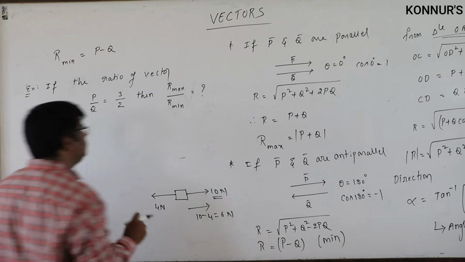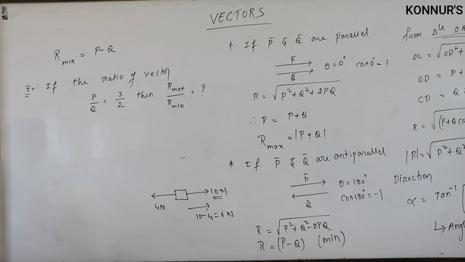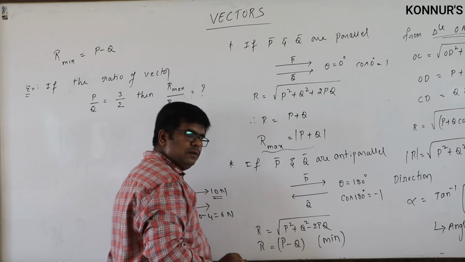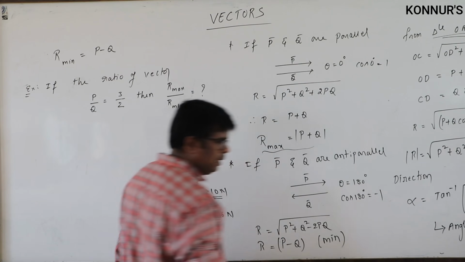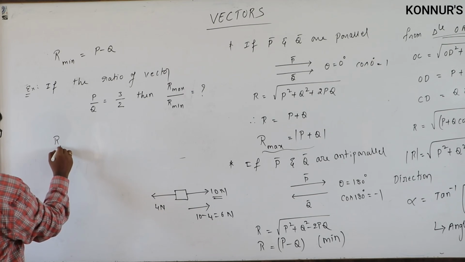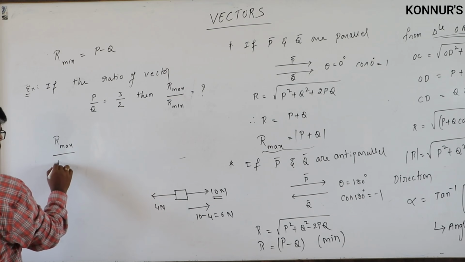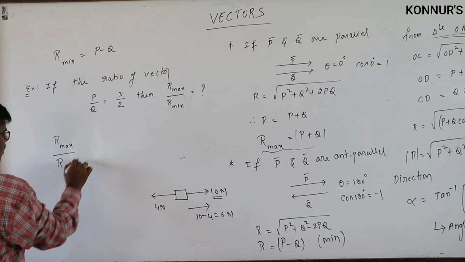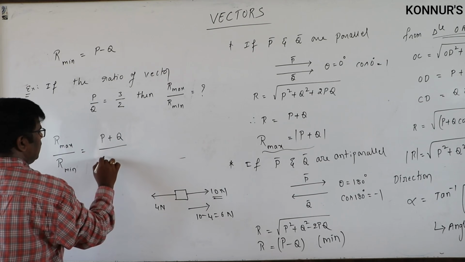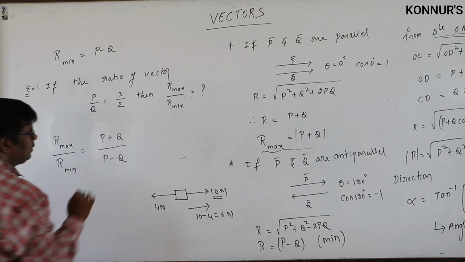We just discussed it. Resultant maximum means p plus q, and resultant minimum means p minus q. Then the ratio of r max to r min equals p plus q by p minus q.